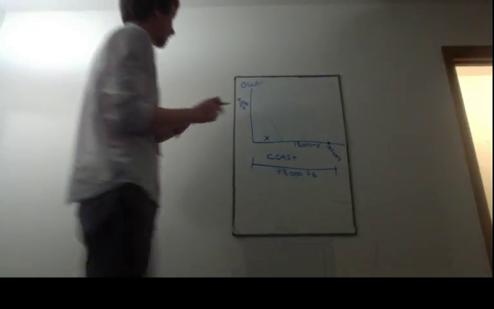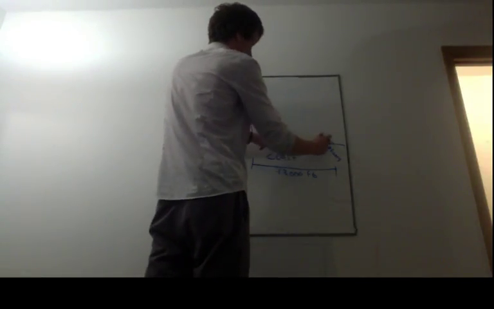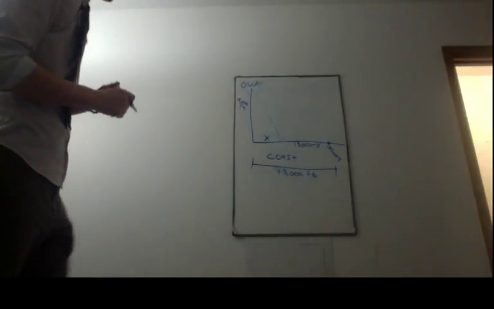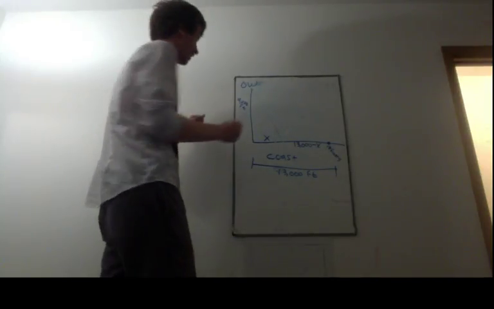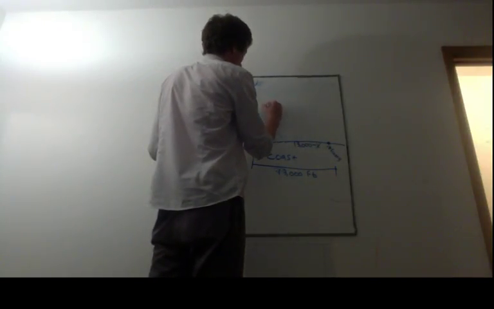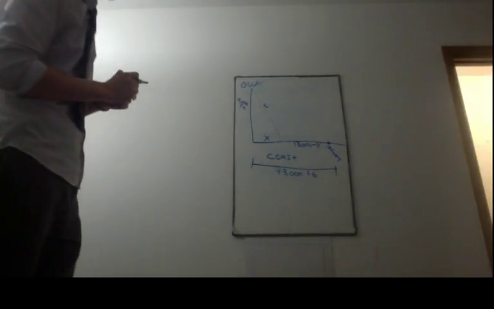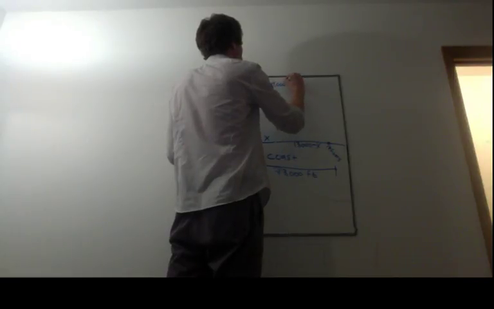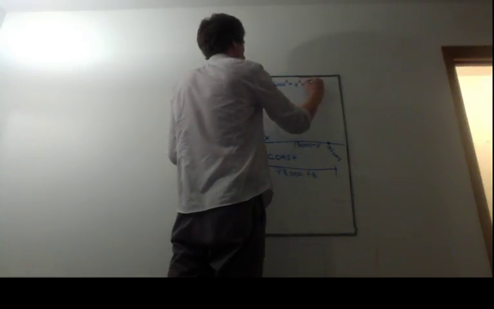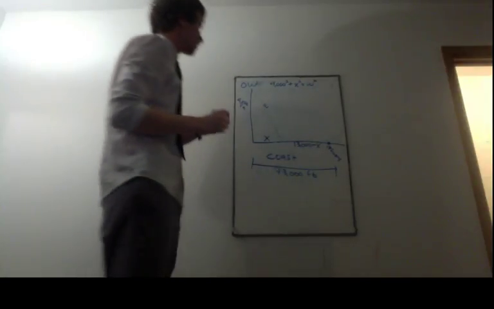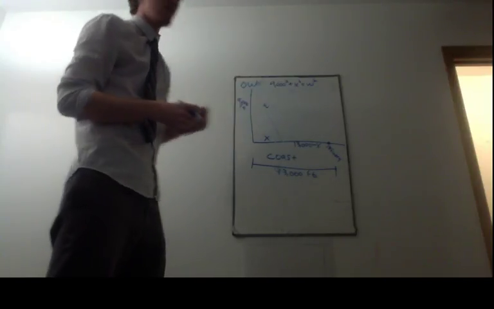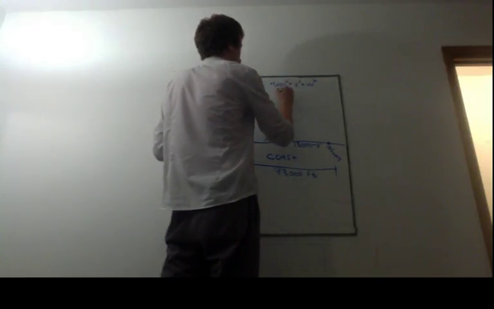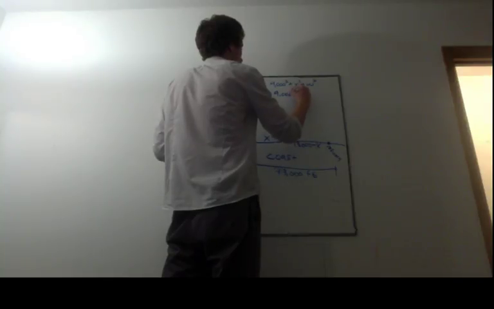So what we have right now is this distance, and this distance is the one we're worried about because that's where the pipe is going. We need to know what this distance is, and that's where we use the Pythagorean theorem. Let's just call this W for now. We're eventually going to erase that because we're going to solve for W. By the Pythagorean theorem, 9,000 squared plus x squared equals W squared. So if we want to know what W is in terms of x, we can just take the square root: W equals the square root of 9,000 squared plus x squared.